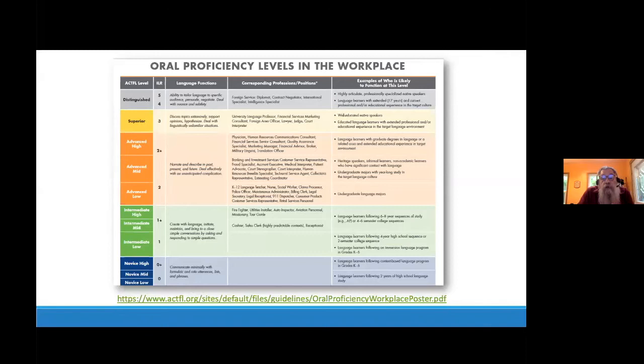And also you can use this information with other stakeholders, especially parents, school board members, members of the community, taxpayers, when you're explaining how long it takes to develop language proficiency. This chart explains very clearly that proficiency takes time. It takes a lengthy extended sequence.